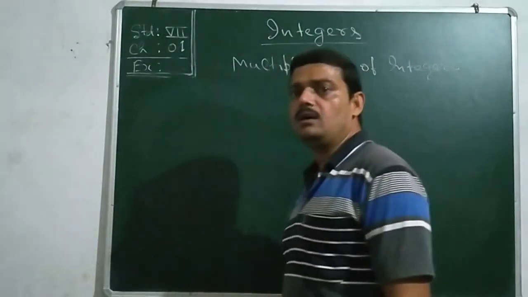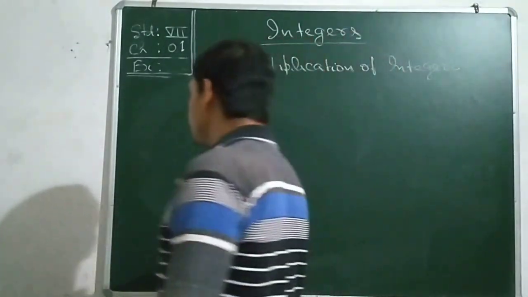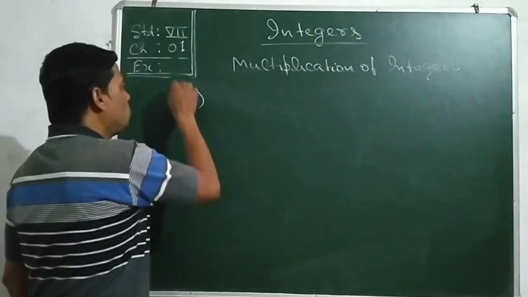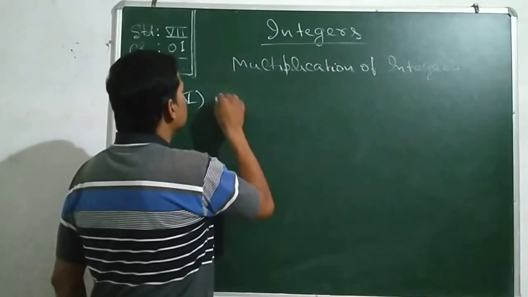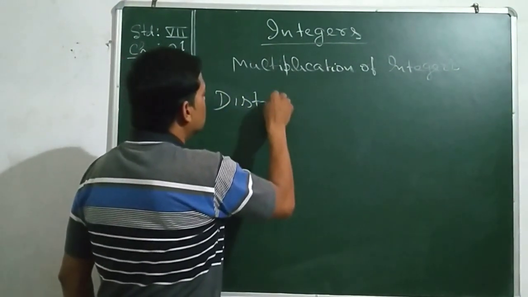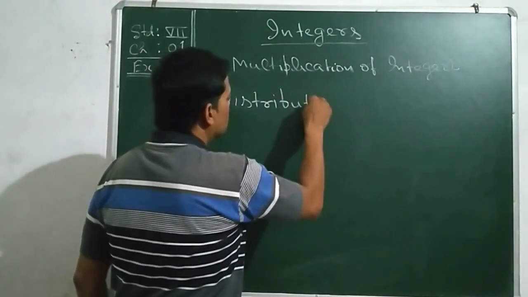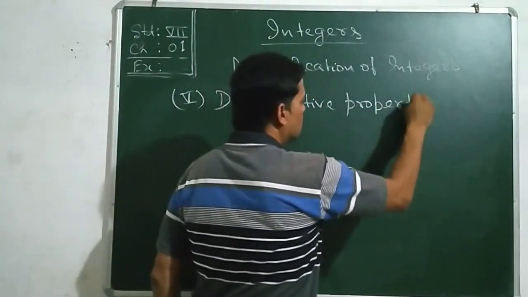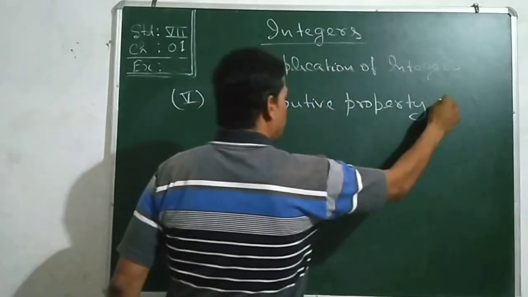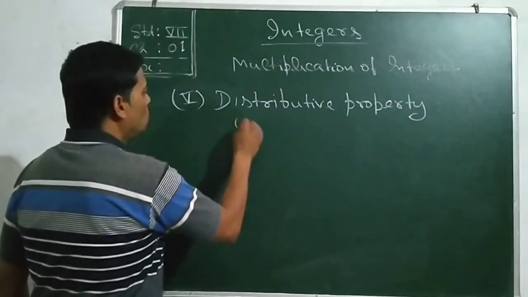If you go for the distributive property of multiplication, you will find so many multiplications convenient. See, distributive property, first is over addition.